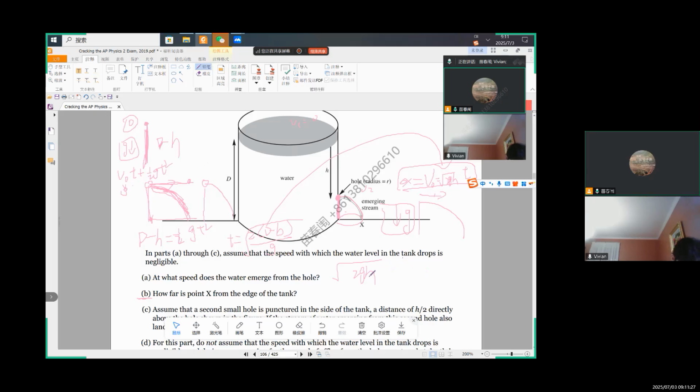So v0 is the square root of 2gh, times the square root of 2 times d minus h over g. The square root of g and the square root of g can be simplified, right? So it's 2 times the square root of h times d minus h, right?